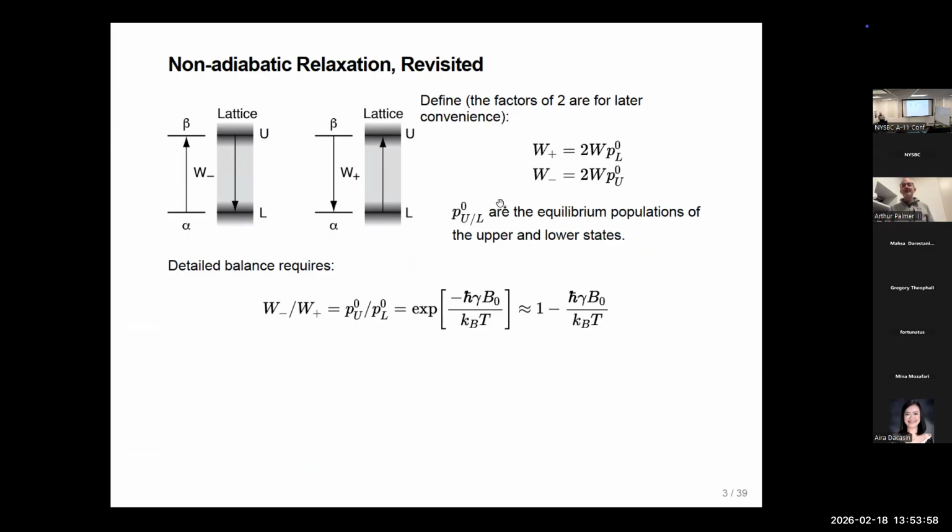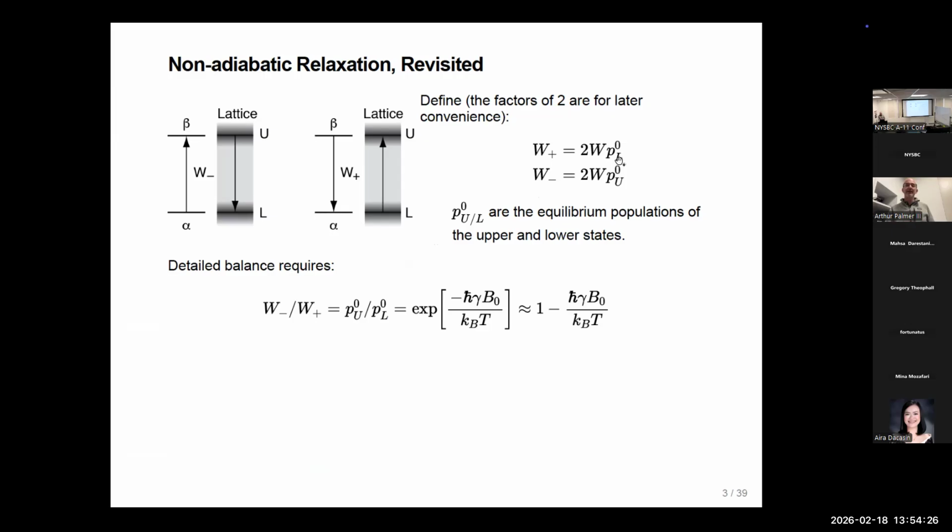Then of course I always know what answer I want. So I'm going to say that W plus is 2 times some other rate constant I'll call W times the population of the lattice in the lower state. And W minus is 2 times W times the population in the upper state.